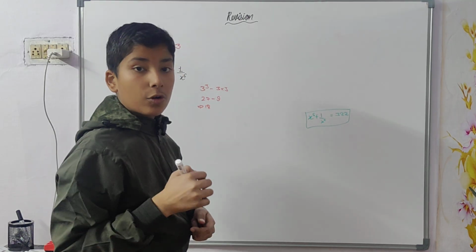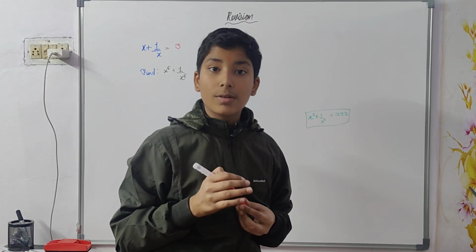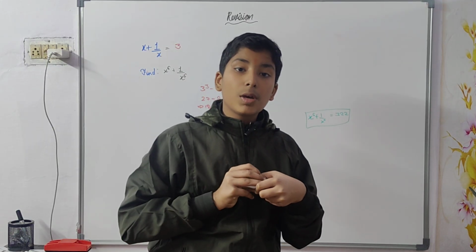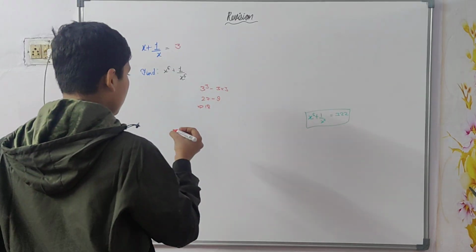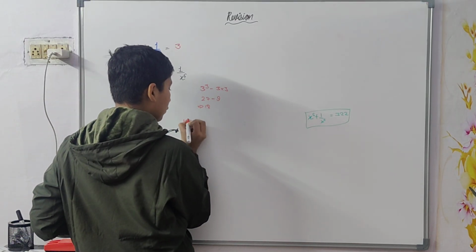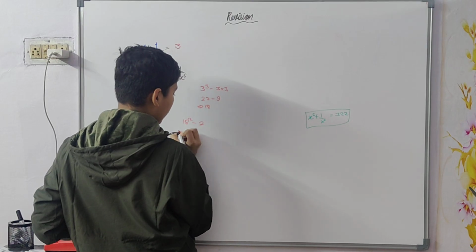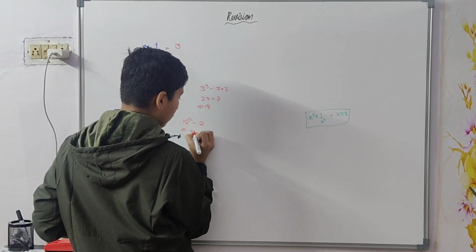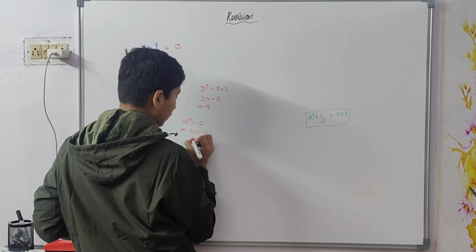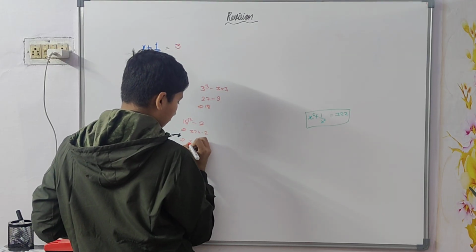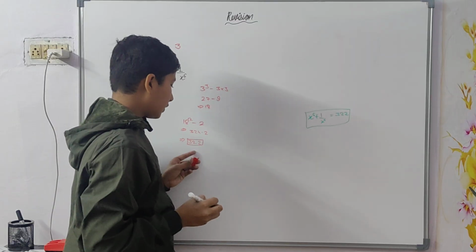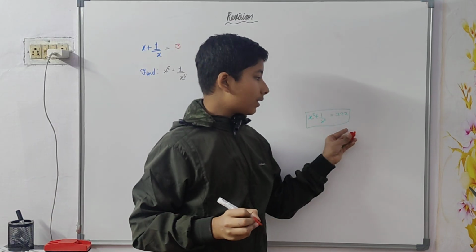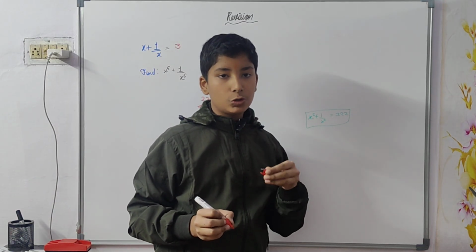Now what I told you for square: p square minus 2. So the same thing, 18 square minus 2 we will do, which is 324 minus 2, hence 322. In the MCQ we have got the answer 322, which is the same as the solution.